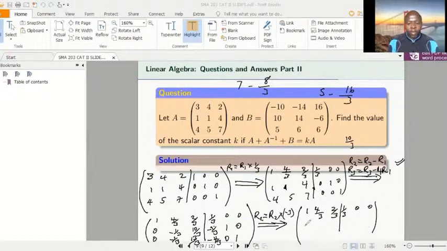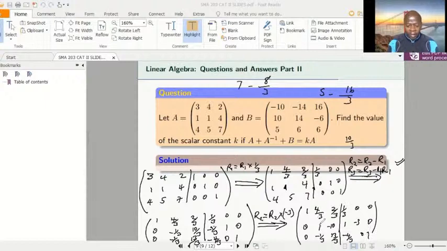And this is the one I multiplied by negative 3: 0, 1, negative 10, 1, negative 3, 0. I just multiply by negative 3 there. And this one remains where it is, we don't touch it: 0, negative a third, 13 out of 3, negative 4 out of 3, 0, 1.